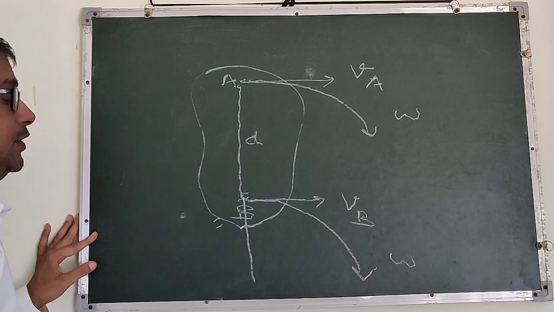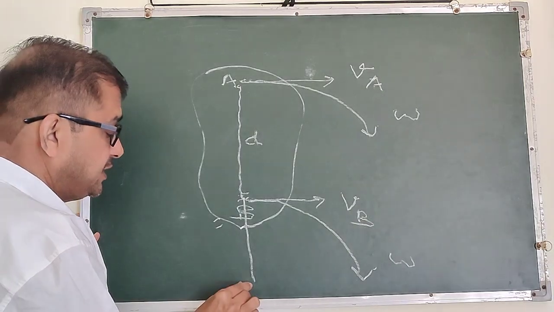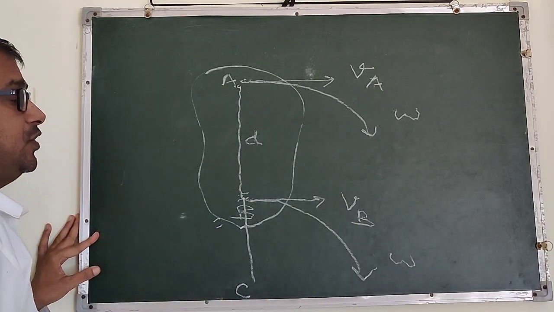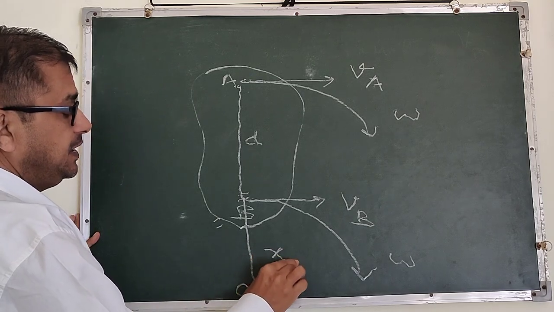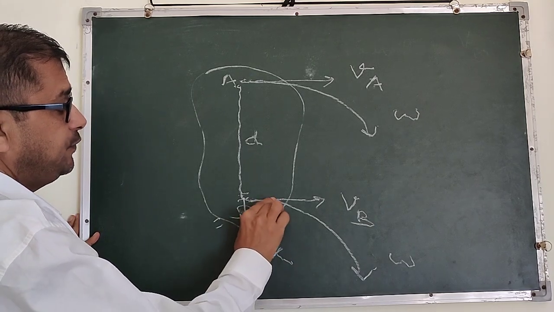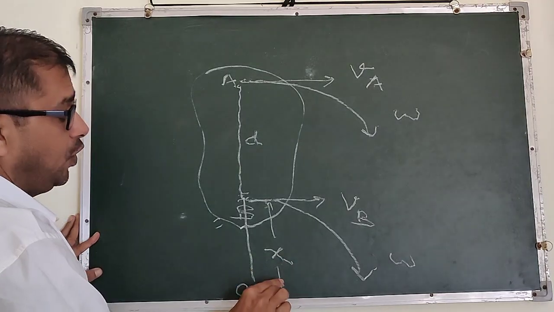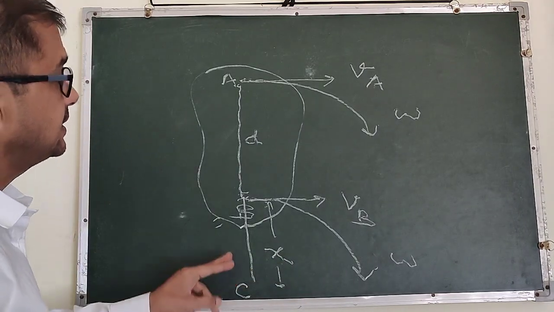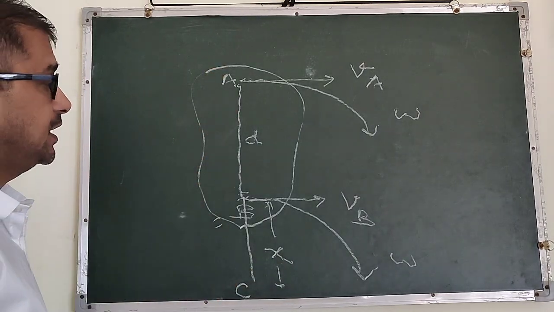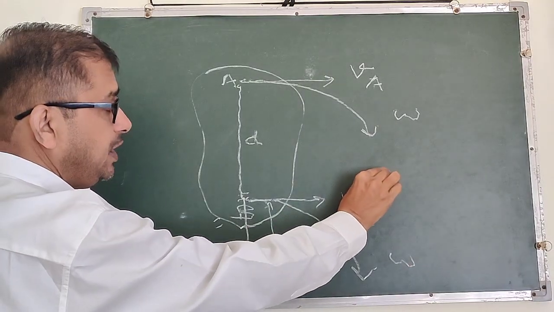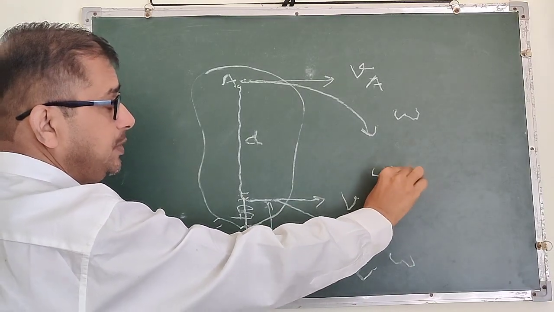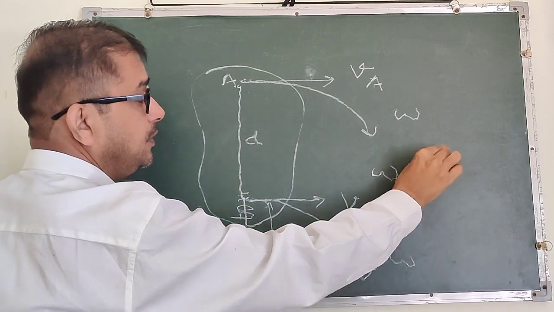Omega is angular velocity, and suppose this point is called the instantaneous axis of rotation, C, and suppose the distance of C from B is x. Therefore B is moving on a circular track of radius x, while A is moving on a circular track of radius d plus x. But omega of A and omega of B will be the same.